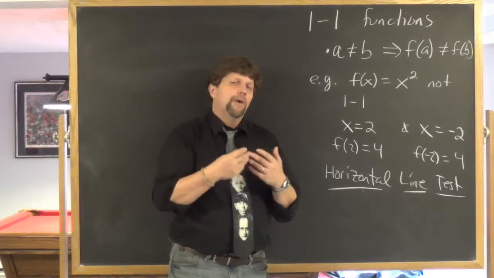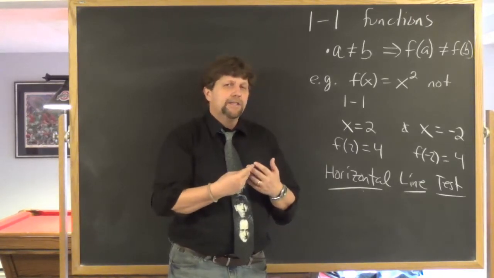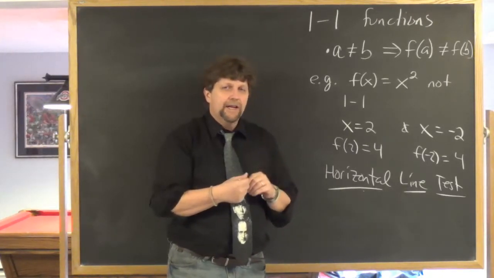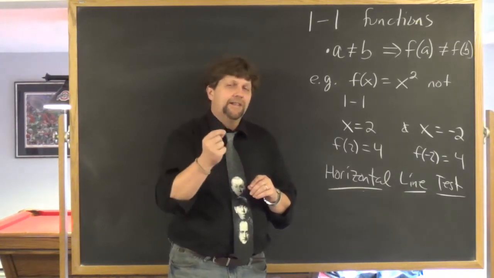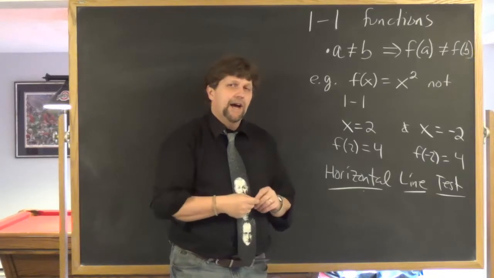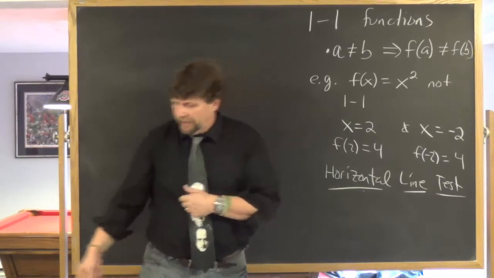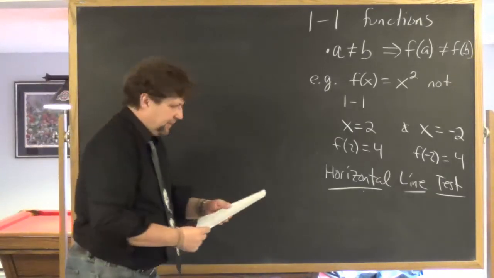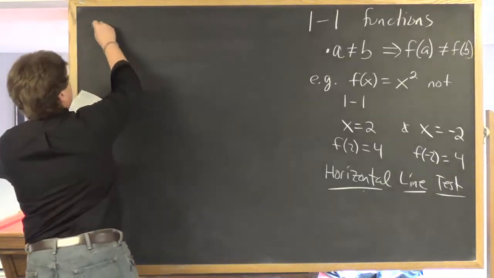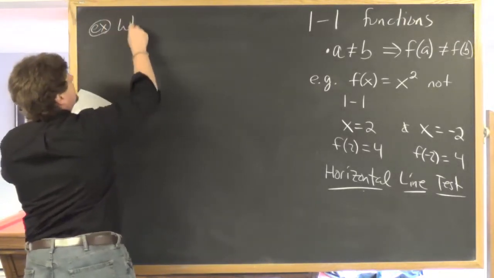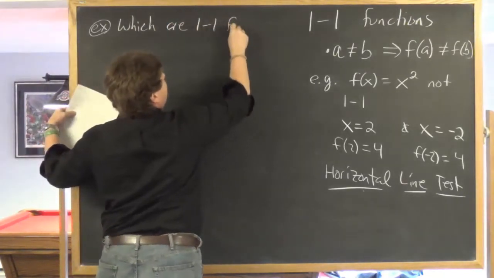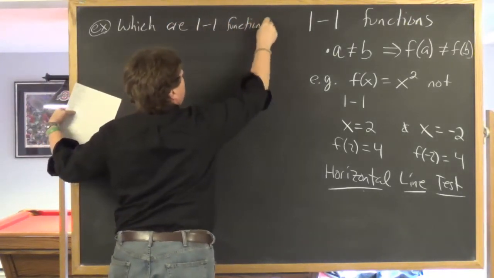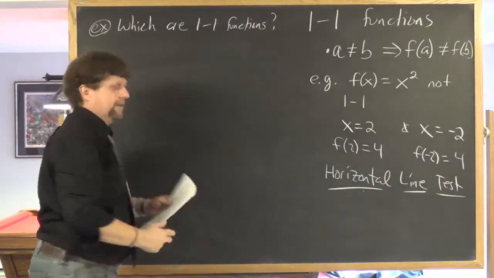So what I look for when I see a graph, I look to see if there's one horizontal line I can draw that would intersect the graph in more than one point, and if that's the case, boom, it is not one-to-one. Now let's do a quick example. Let's say I'm just going to ask, which of the following are one-to-one functions?